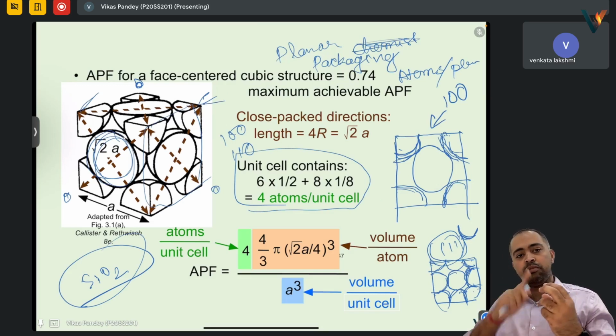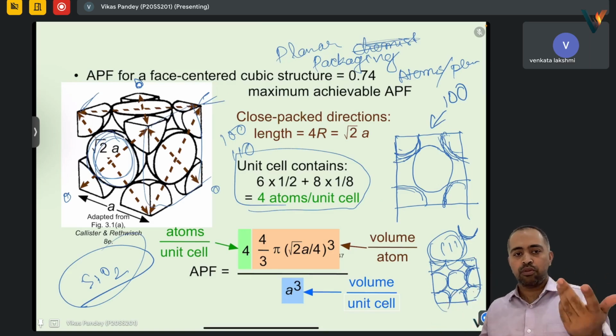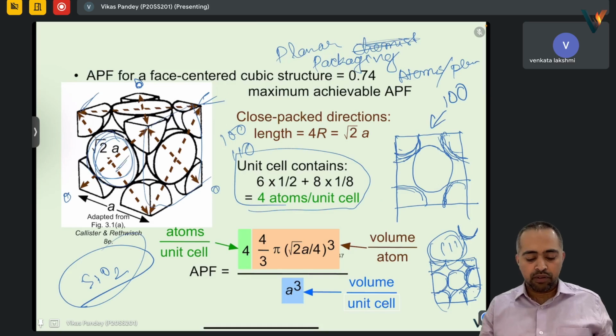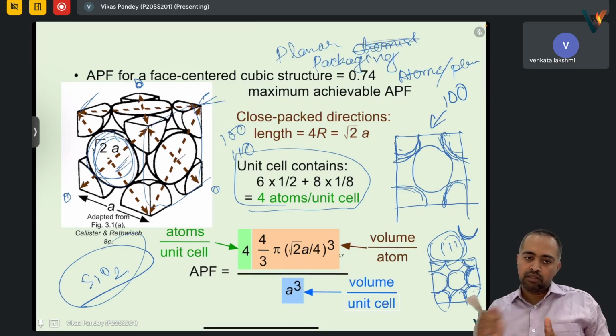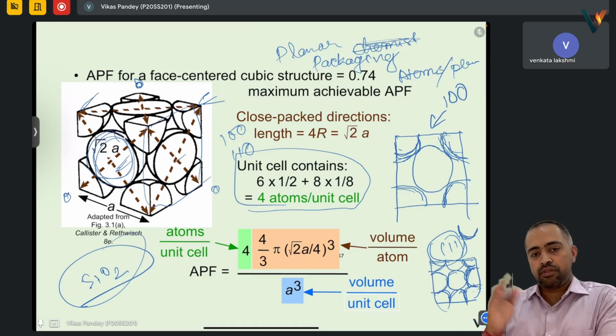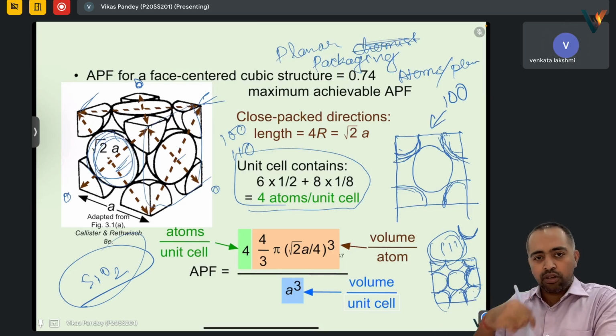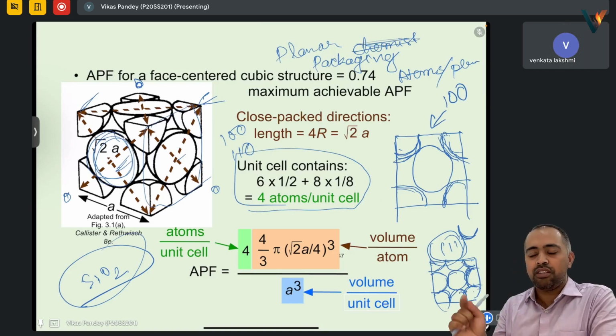Each corner atom is being shared by eight unit cells, so we will have 1/8. Whereas the face ones are shared by two, half in this and half in the other unit cell. That's why we have 6 times half, which gives 3, and 8 times 1/8 gives 1. So all 8 corners together make up one atom in the unit cell because they are shared by 8.